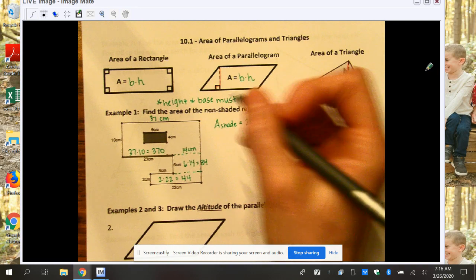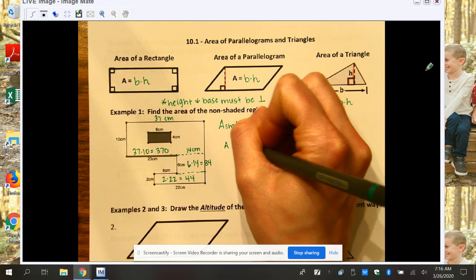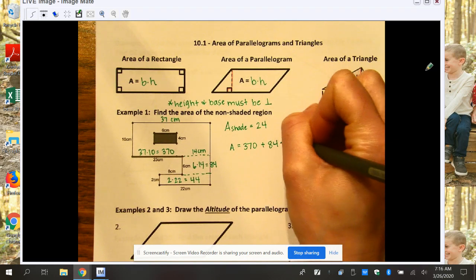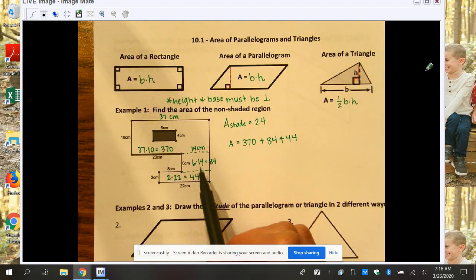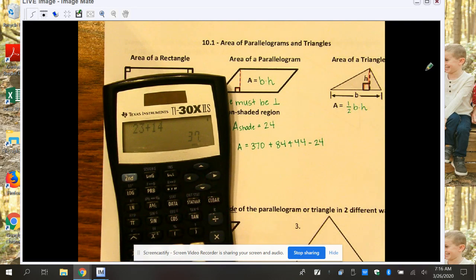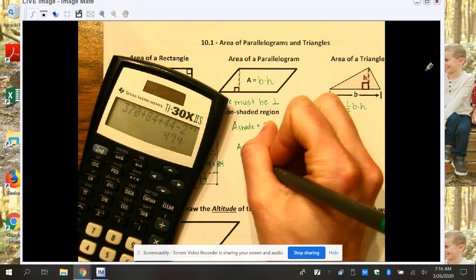All right, so when I add all those together, the area would be then 370 plus 84 plus 44. Right, those are the areas of the three rectangles, but I have to subtract that shaded region. And so I'm going to get 474.